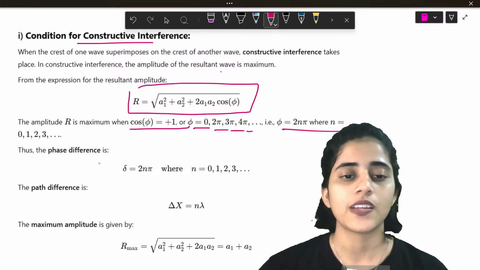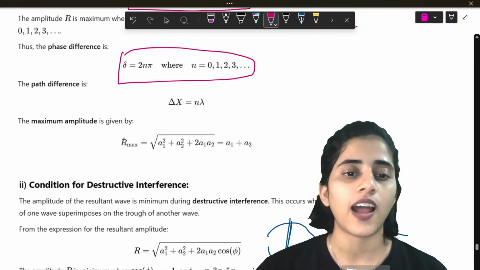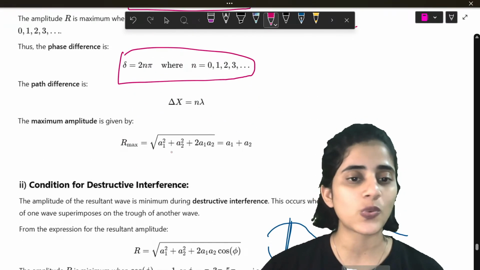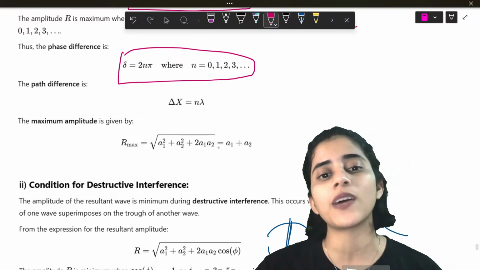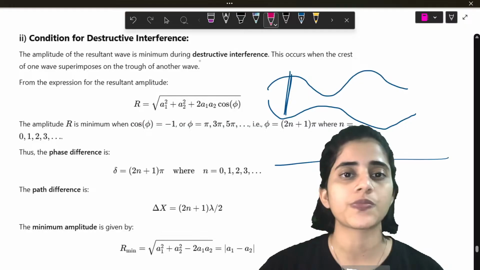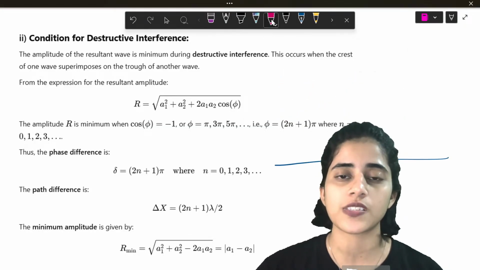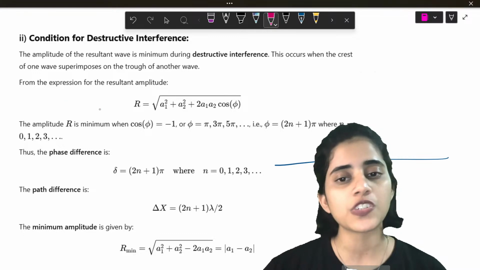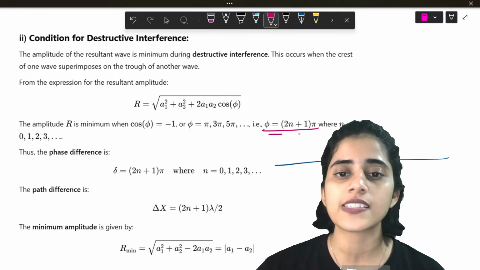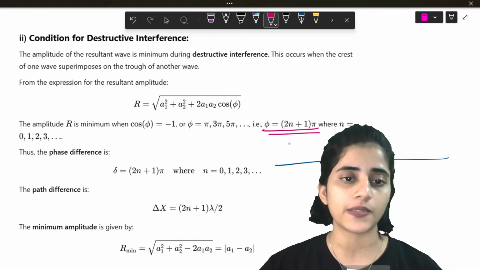So now R max will be A1 squared plus A2 squared plus 2A1A2, which is A1 plus A2. Next, the condition for destructive interference is when phi is equal to (2n plus 1) pi.